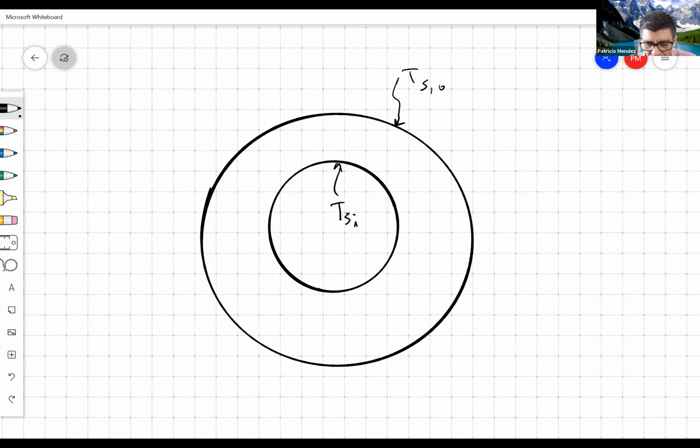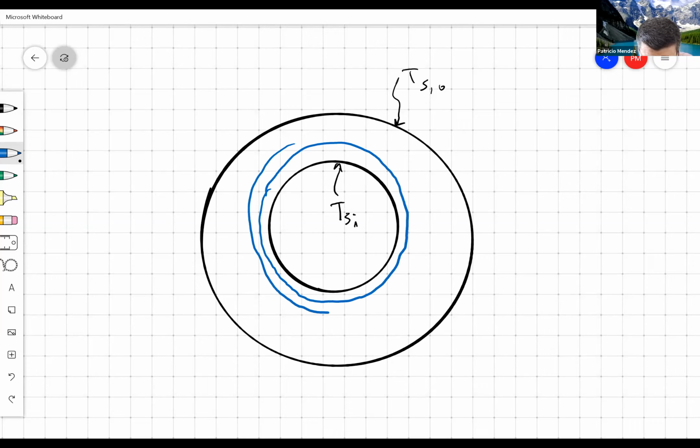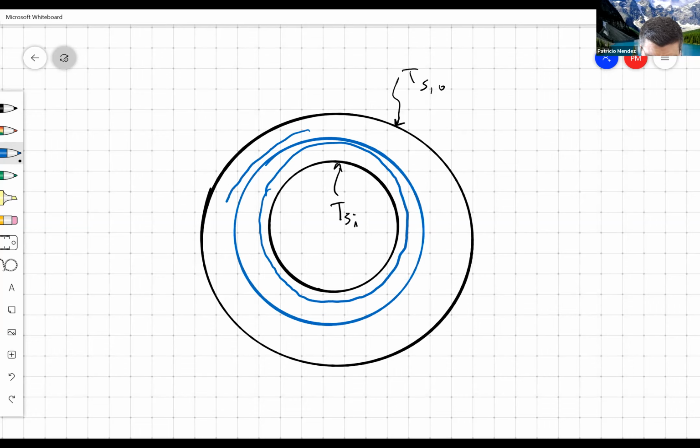The isotherms in this case, the heat transfer here is radial, and the isotherms would be, oh, it didn't make it pretty. Oh, that one did.